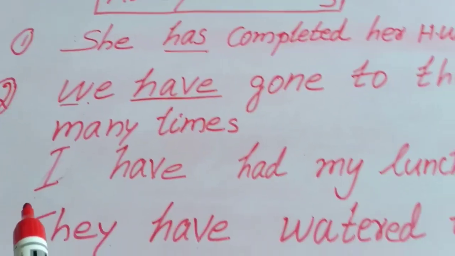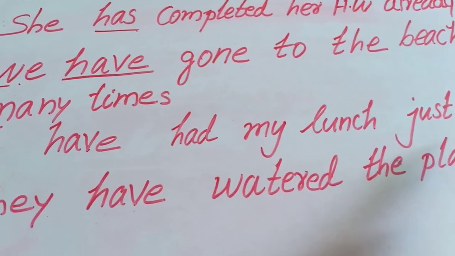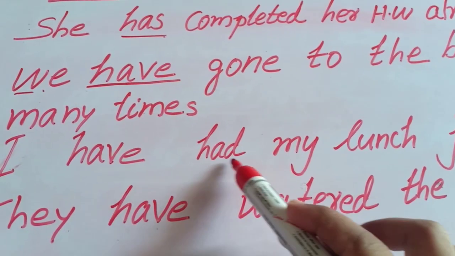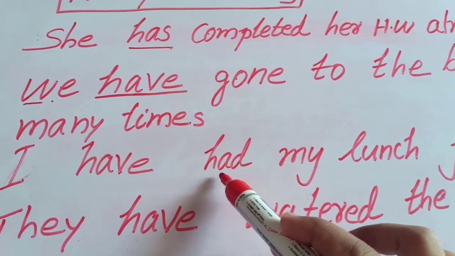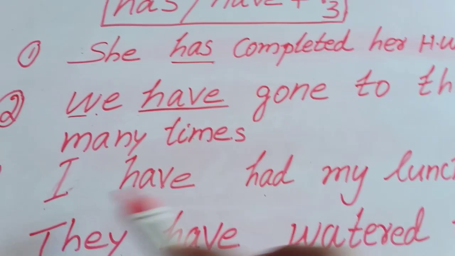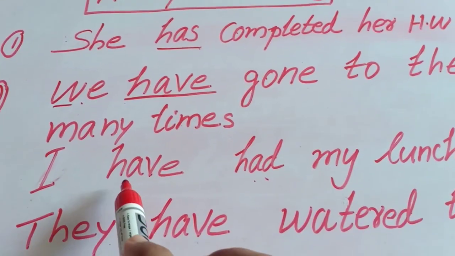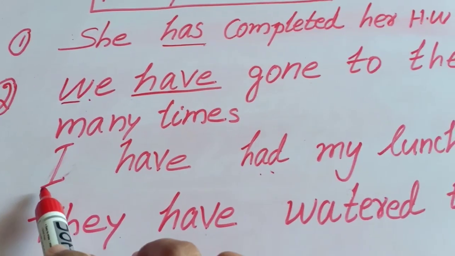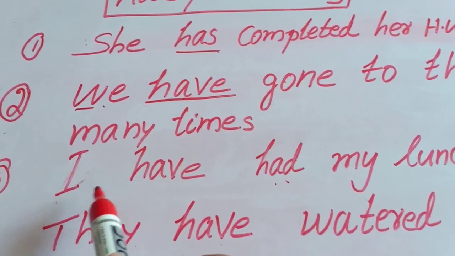Okay. Next example you see. I have had my lunch just now. Had means completed. Here had is not the auxiliary verb. It means completed: I have completed my lunch just now. Even though I is singular, this is an exceptional case.